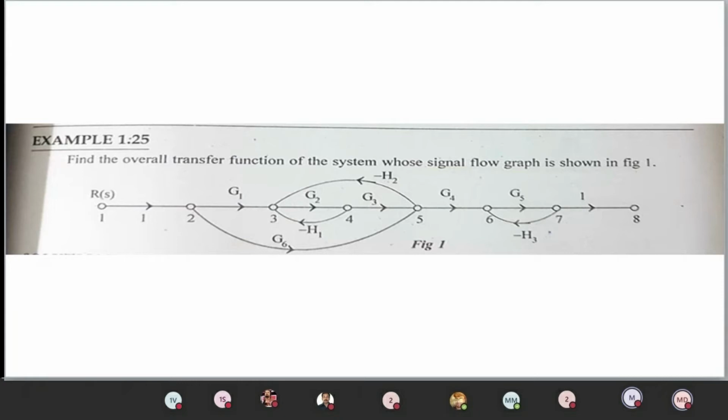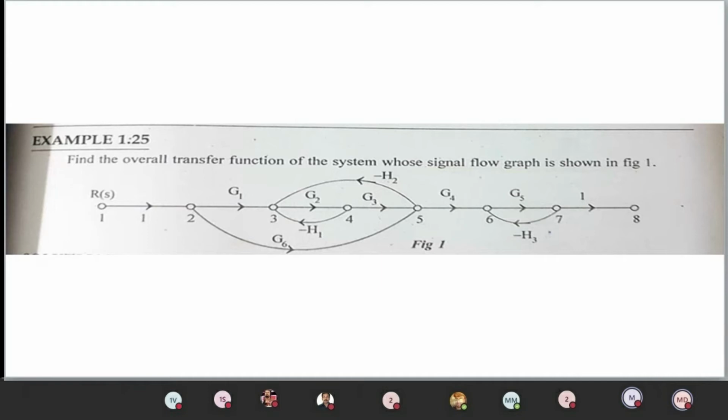Now let us check for any other forward path. 1 to 2, 2 to 5, 5 to 6, 6 to 7, 7 to 8. This is another forward path. Please take care of the arrow marks. The arrow mark must be pointing towards the forward direction. So from the question you can understand you have 2 forward paths.